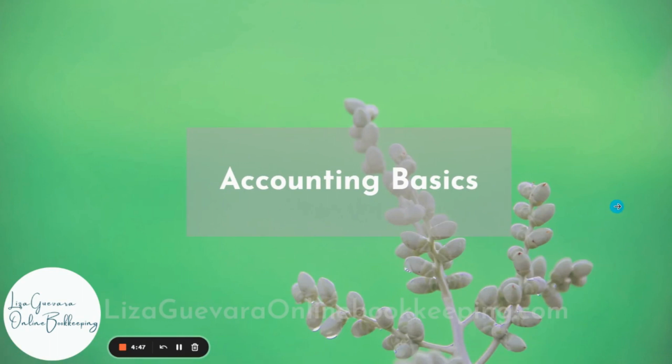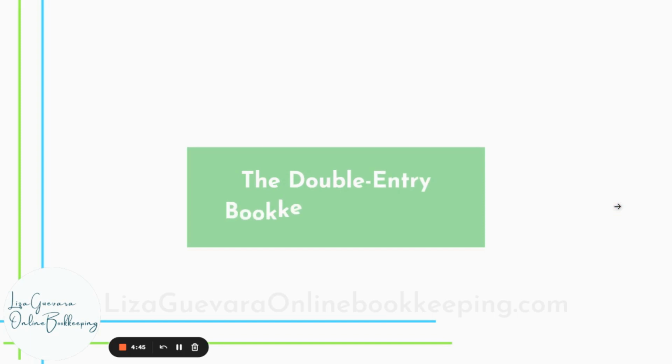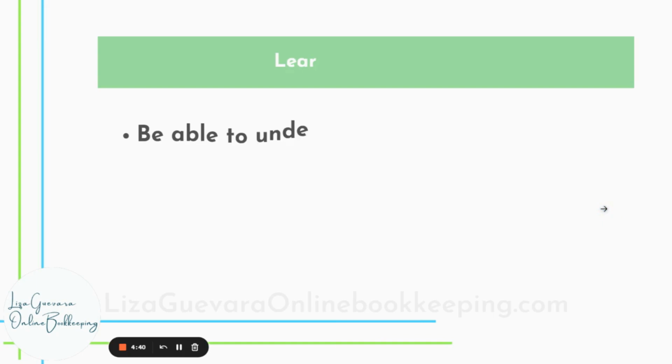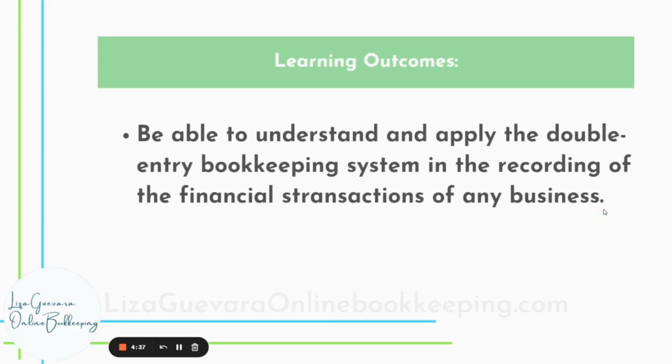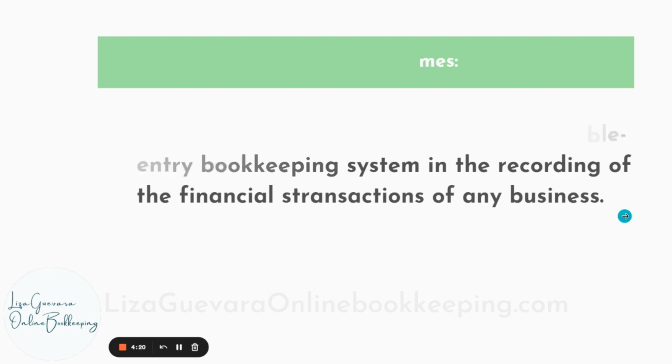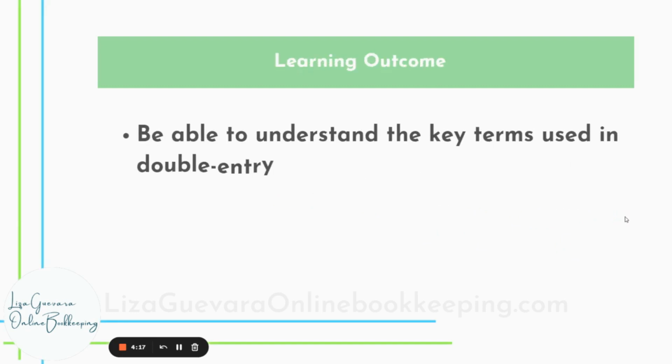So this time we are going to discuss the double entry bookkeeping system. The following are the learning outcomes for this topic. Be able to understand and apply the double entry bookkeeping system in the recording of the financial transactions of any business. Sorry for the typo here. Next, we should be able to understand the key terms used in double entry accounting.